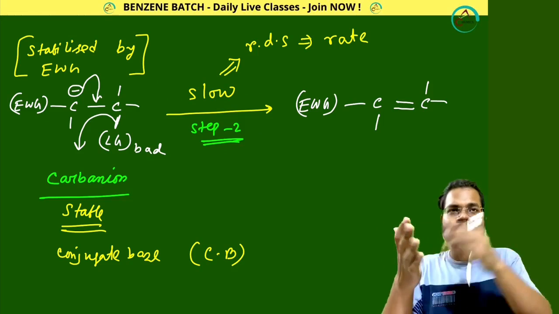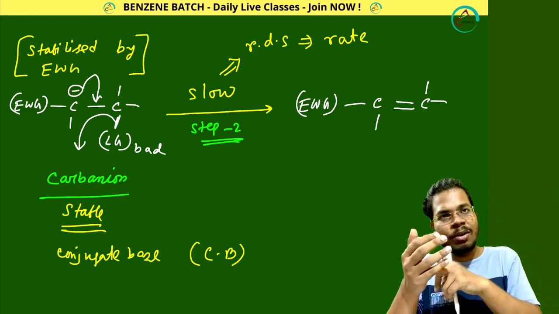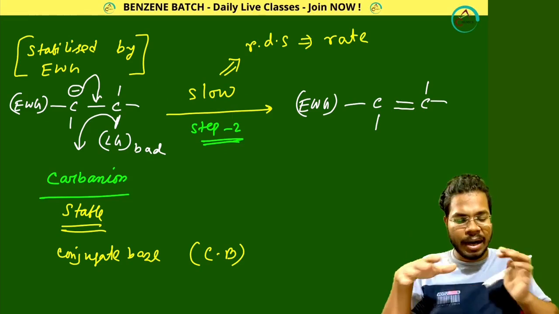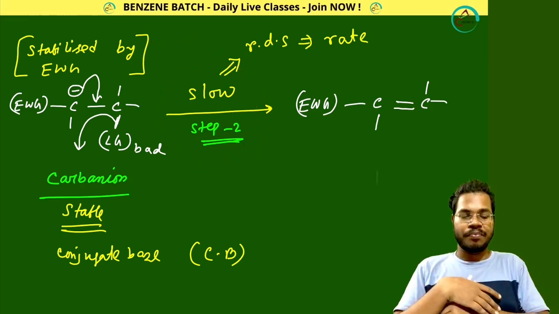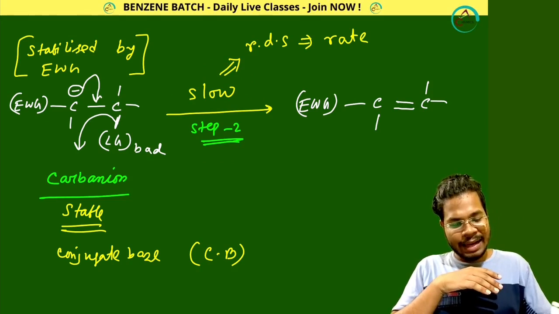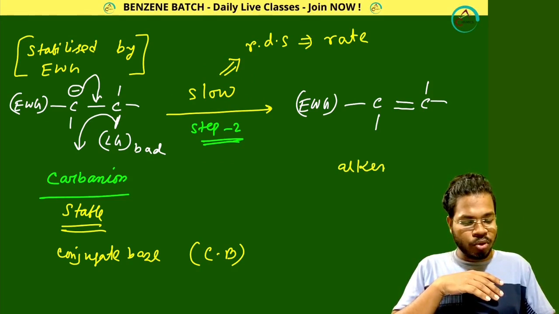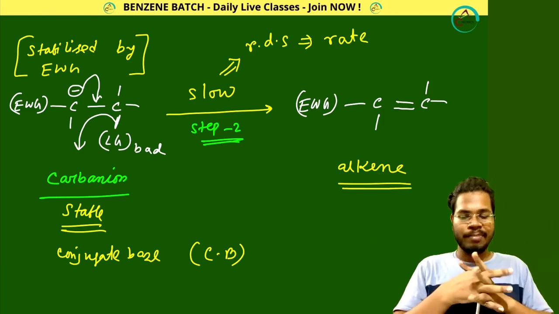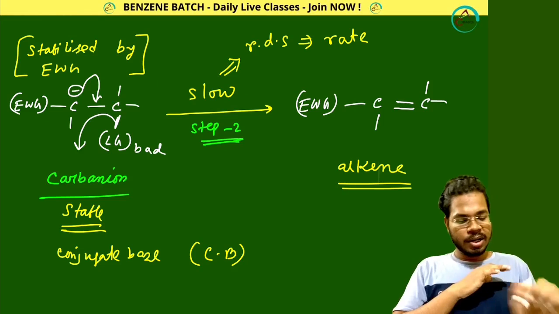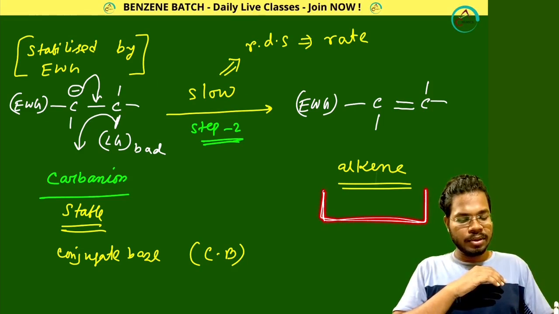In case of SN2, step 1. In case of SN1, step 1 was my slow step. But in case of E1cB, step 2 is your slow step. So this is your alkene product. So now tell me, do you have any confusion in this? I am just going to give you a lot of examples. But do you have any confusion till now? Yes or no?